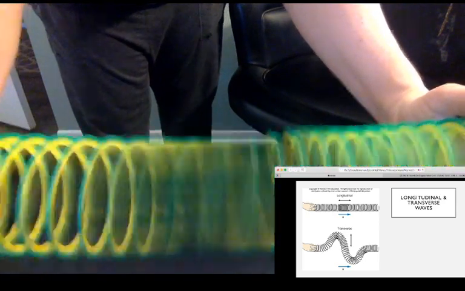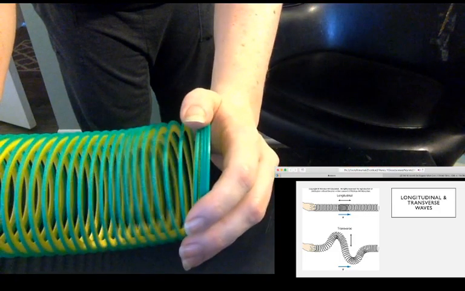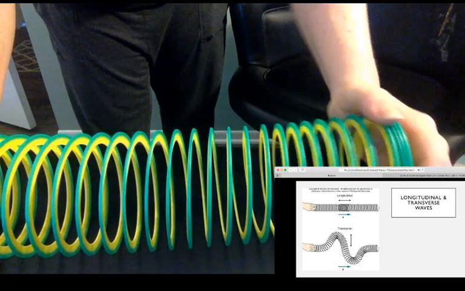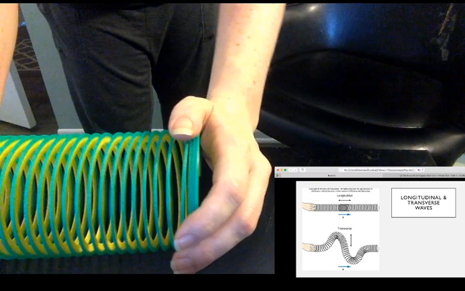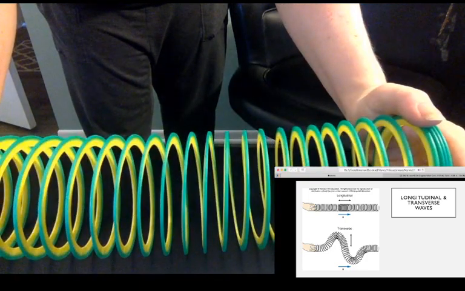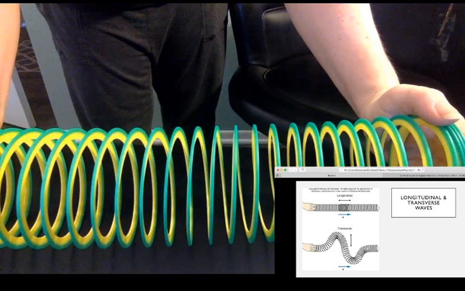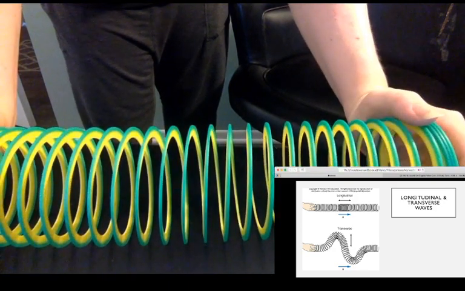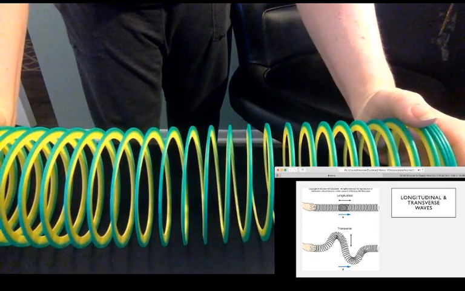There we go. So the way I make this happen is I am pushing this way, right? So in the direction that I want the wave to move, I push my hand and then I pull out. I'm right-handed, so it's easier to do it that way, right? That is called a longitudinal wave.